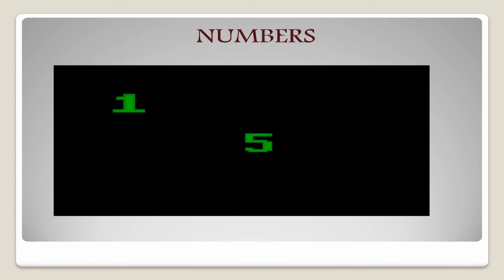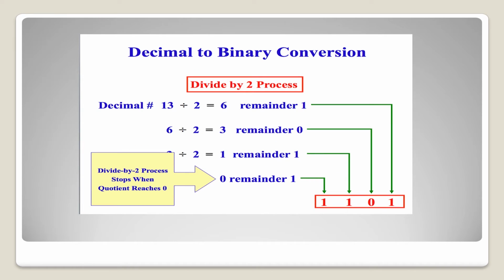Numbers. Numbers are also represented by bit patterns of zeros and ones. However, ASCII code is not used to represent numbers. The simple decimal to binary conversion is used to represent the numbers in the bit patterns. Images. Images are also represented by bit patterns of zeros and ones.